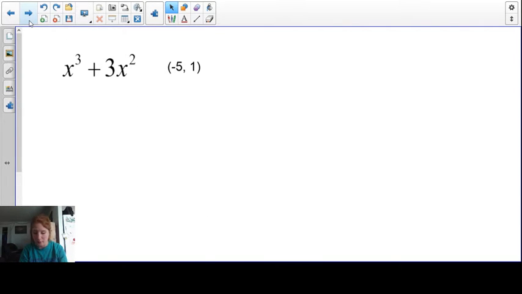Alright, so what does that mean moving forward? What that means is we're going to find these x values a slightly different way than what we had just done in the beginning.